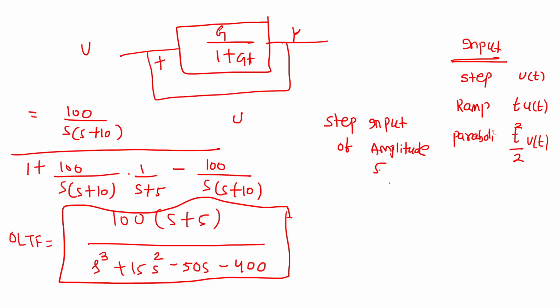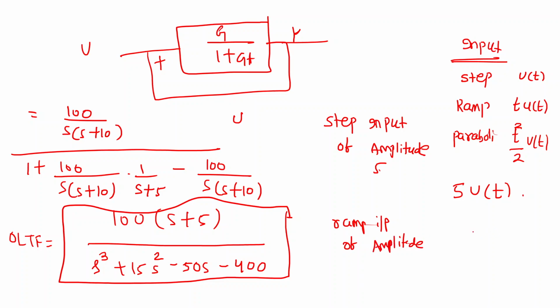Step input of amplitude 5 means the input is step and the amplitude is 5. Now the expression is 5 u of t. Next, I am giving another input, a ramp input of amplitude, let's say, 2.